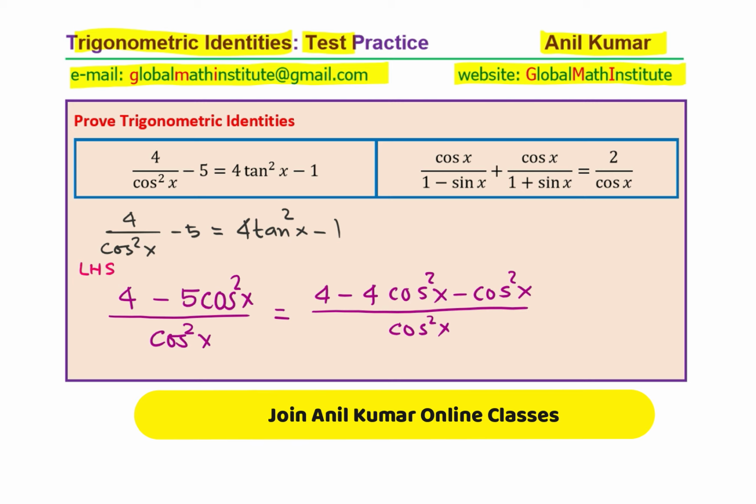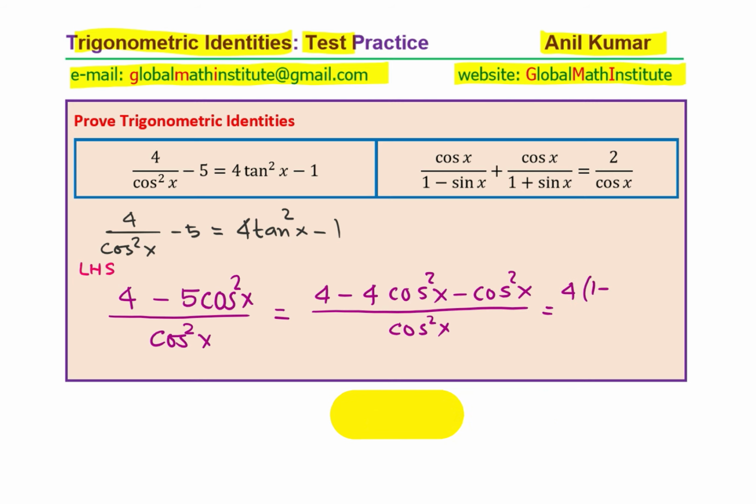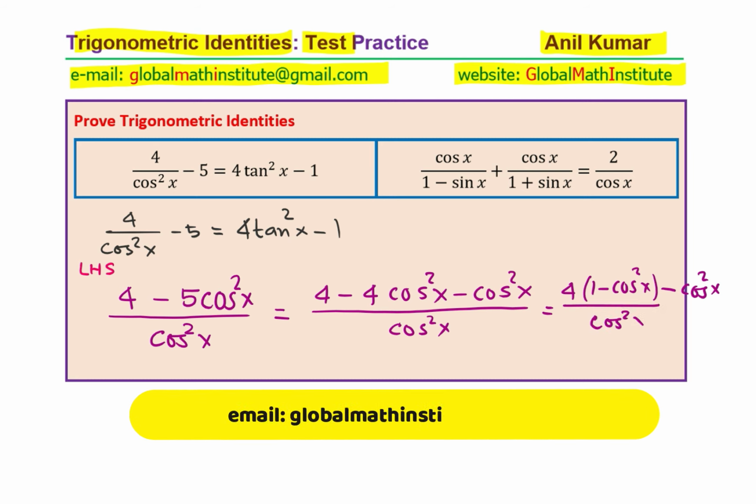Makes sense, right? So let's factor 4 here. We get 1 minus cos square x, minus cos square x, and each will be divided by cos square x. Makes sense? So that gives you the result. 1 minus cos square x is sin square x, right?